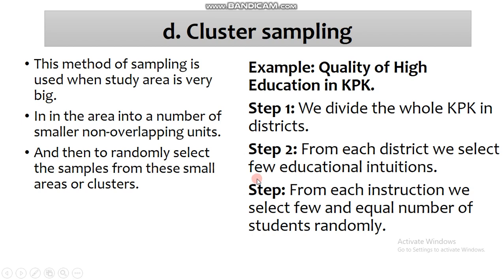For example, we divide our area into 20 districts, and from each district we select only three or four educational institutions. Then from each institution we get a few students, but always an equal number of students from each institute. This selection is again random.